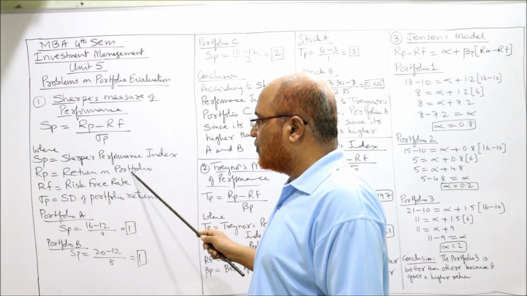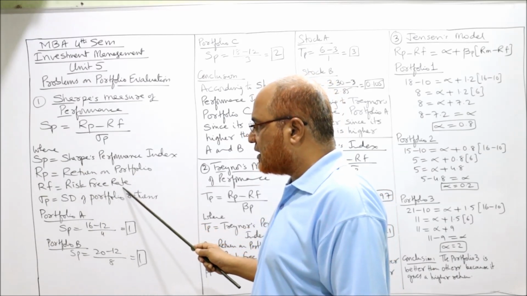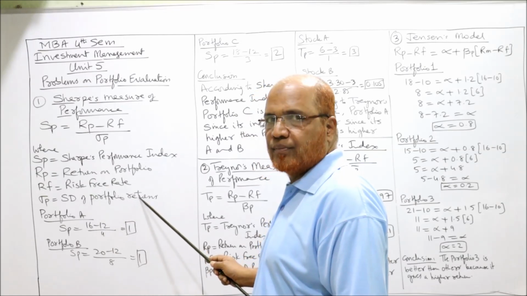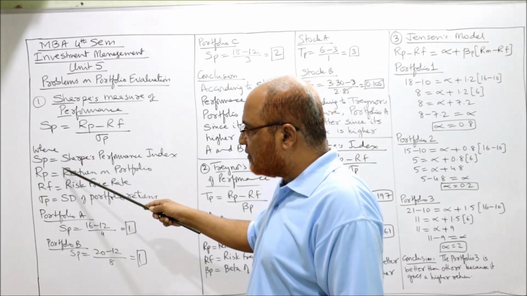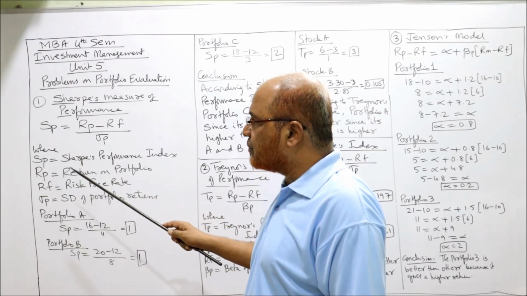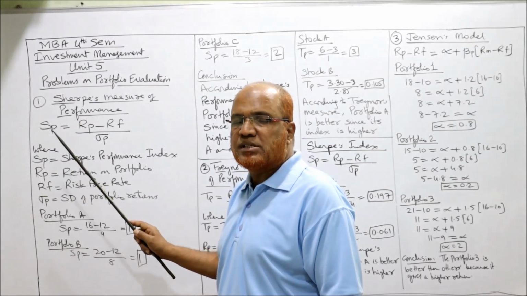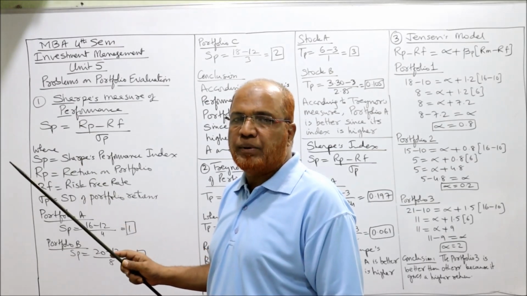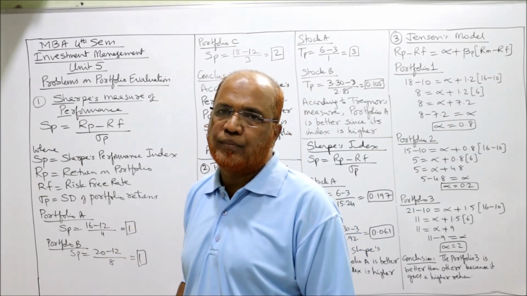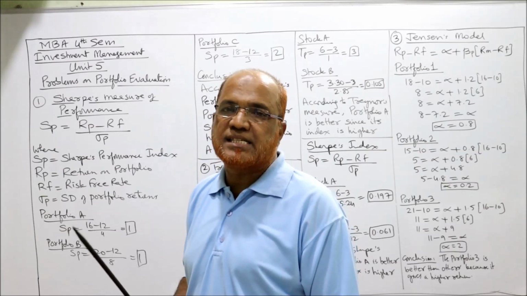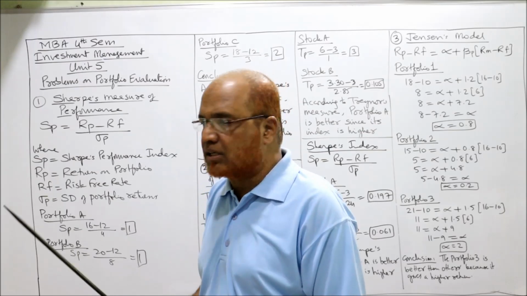RP is the return on portfolio, RF is the risk-free rate, and sigma P is the standard deviation of portfolio returns. This is the first problem, that's why I have given all the explanation. In the coming problems, we will directly substitute the values. You must know SP stands for Sharpe's index, RP for return on the portfolio, RF for risk-free rate, and sigma P for standard deviation of portfolio returns.